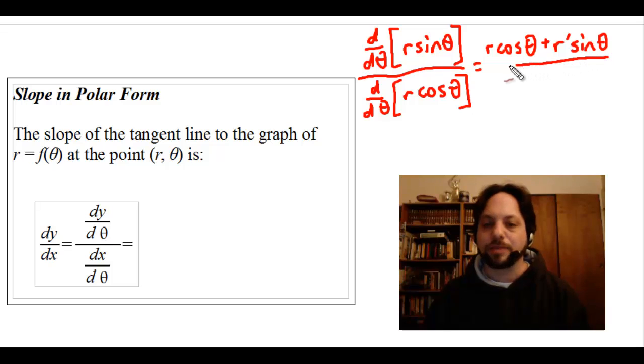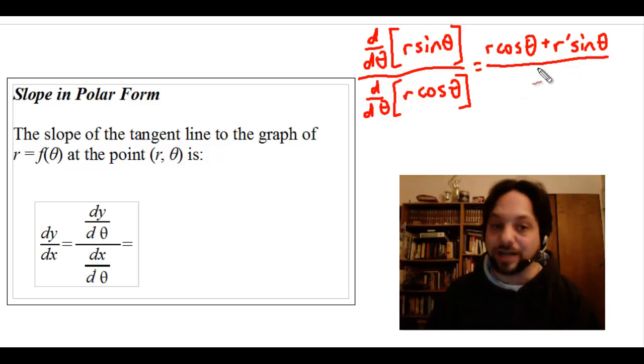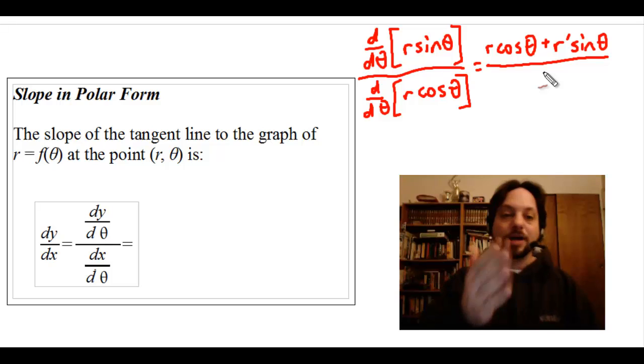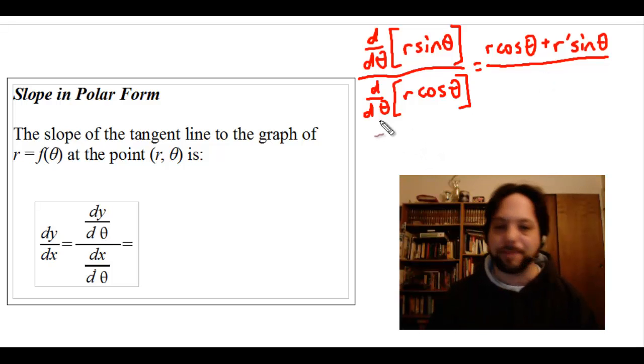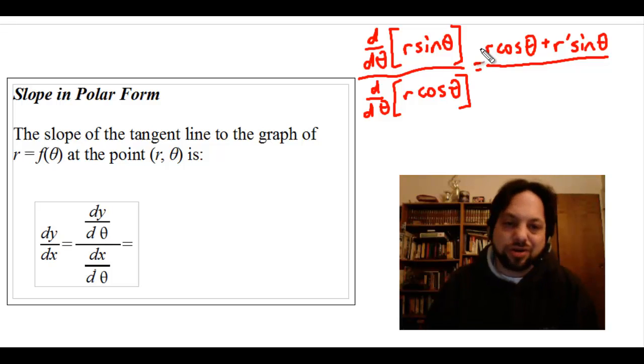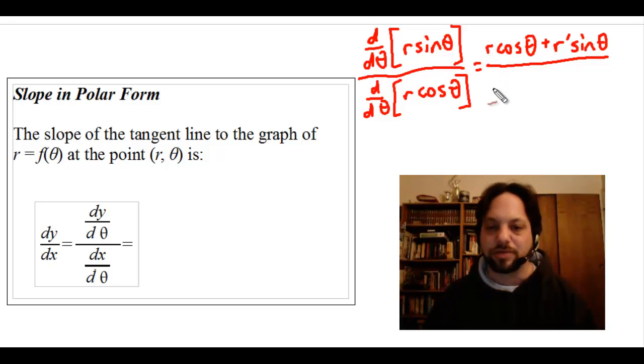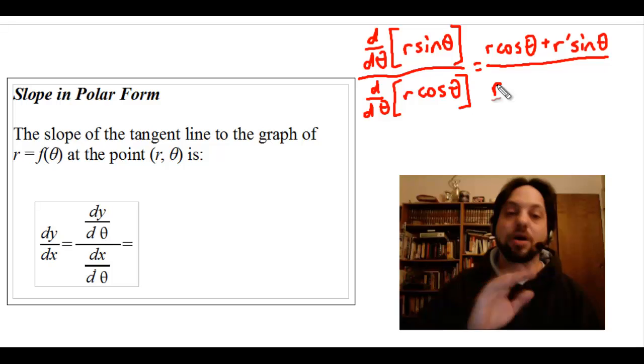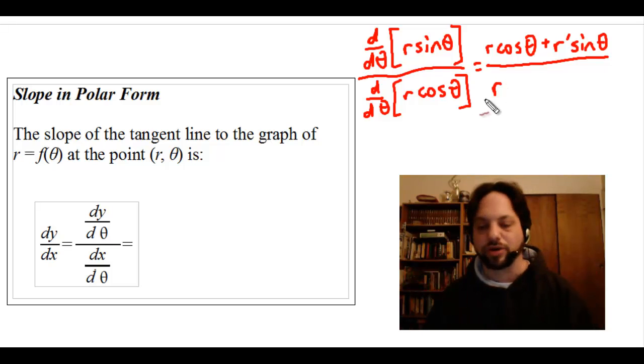Alright, so that is going to be the numerator of our slope. Is it ugly? It's ugly. But understand where it comes from, and it's really not that bad. On the bottom, we're going to do the derivative with respect to theta of r cosine theta. I started with a regular r on top, so I'd prefer to start with the regular r on the bottom, although it doesn't really matter as far as the order goes.